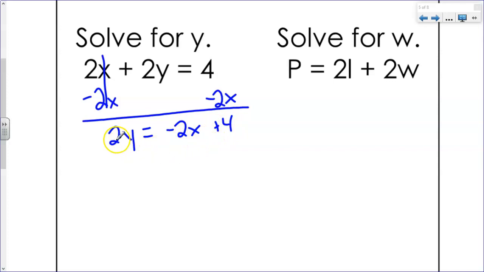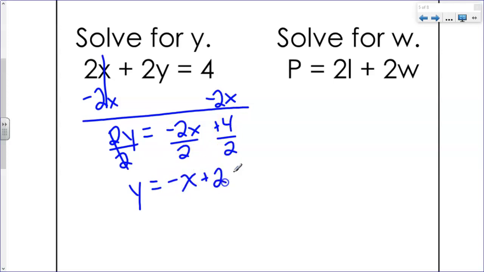Can't combine those. They're not like terms. I need to divide by 2 for each term. That cancels. -2 divided by -2 is -1. 4 divided by 2 is 2. Now this is going to be important when we get to the next unit because this is the linear function. I don't know if you remember, but y equals mx plus b. So that's what we just did there.